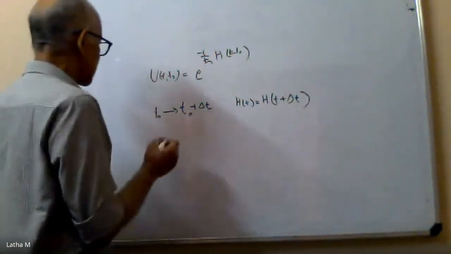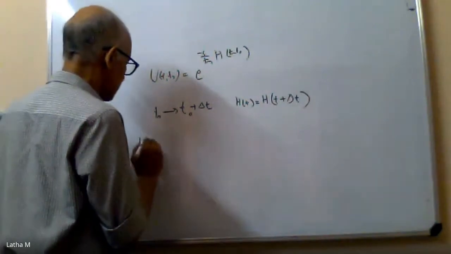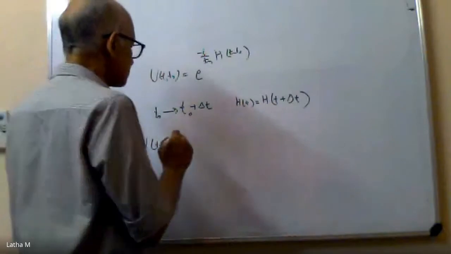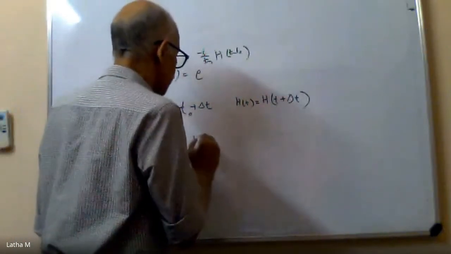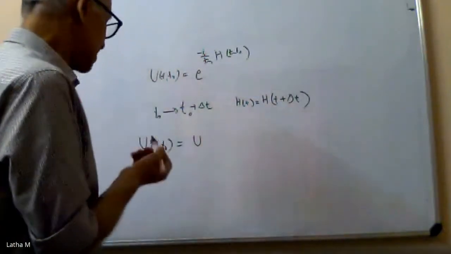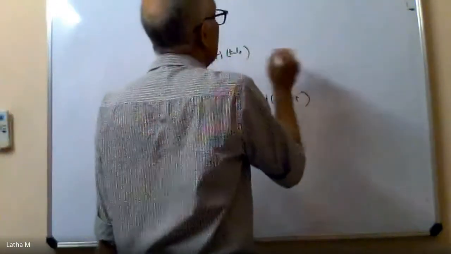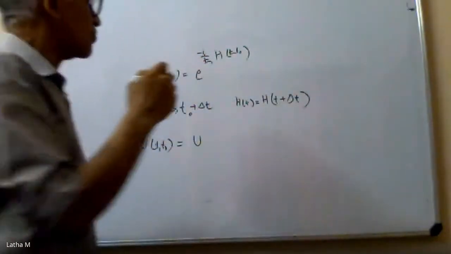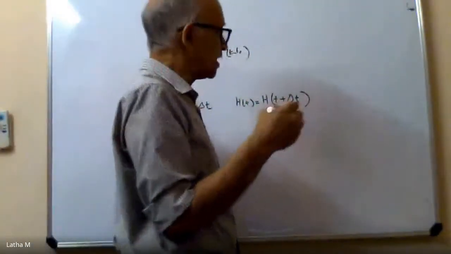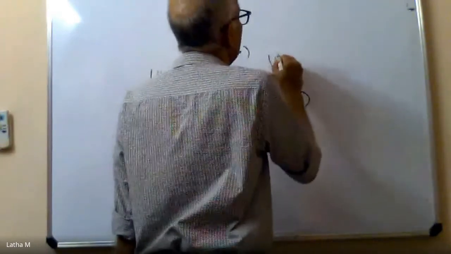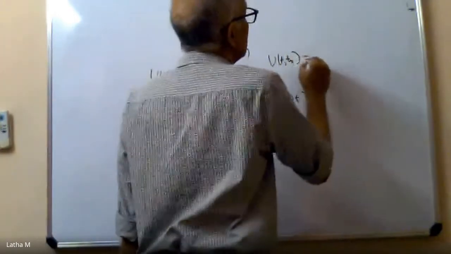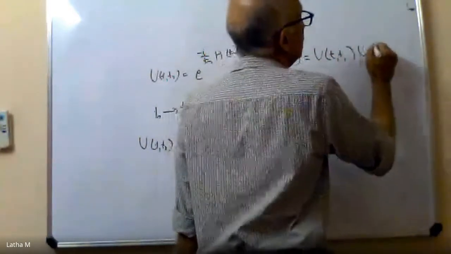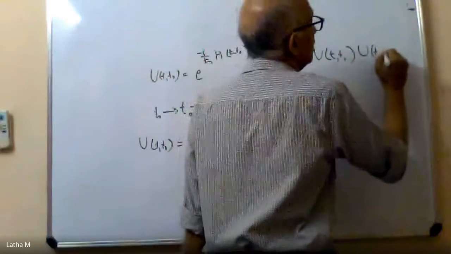Now let us consider the time evolution U(t, t0). Before that I will get one more result. Instead of going from t0 to t, I can go from t0 to t1 and then from t1 to t. That means U(t, t0) can be written as U(t, t1) U(t1, t0).